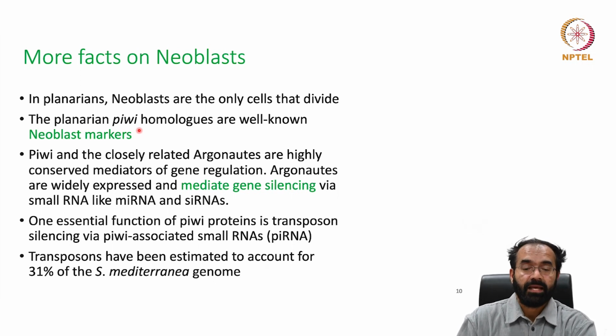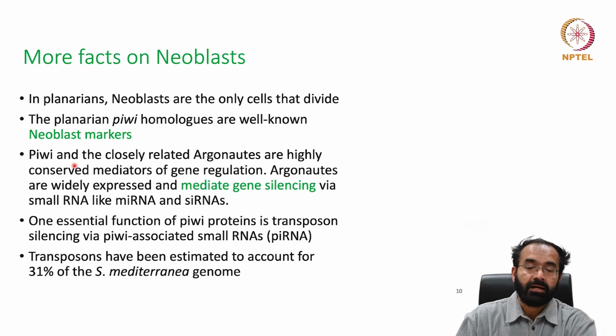They have a specific marker that is expressed in them, and it is used to detect them, because you can use the markers of neoblasts to track them. You can stain for it and then look whether they are incorporating BrdU or have any proliferation marker, etc. So PIWI is used as one of the target molecules to detect neoblasts.